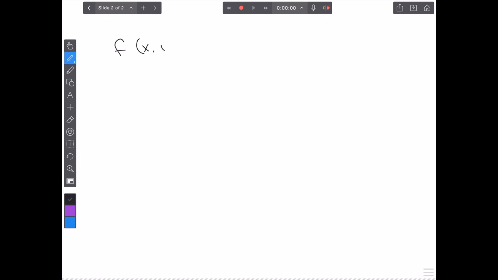Let's suppose that I had a function, something like 1 over the square root of x squared plus y squared. When written in x and y, it doesn't have a very nice formula.